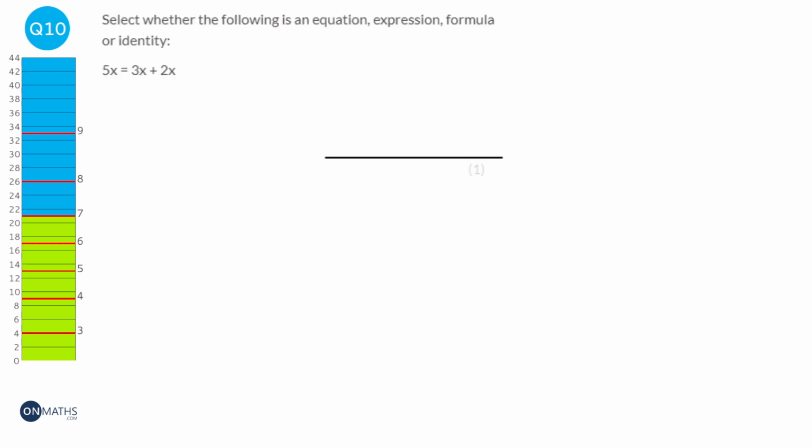To answer this question, we need to know what an equation, expression, formula, and identity is. So the formula is basically an equation, but for real-world things. So area equals pi r squared. It's where the letters actually mean something. An expression is just algebra without the equal sign, so 5x plus 3 would be an expression.